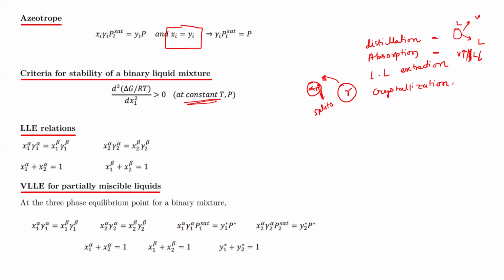If you generally have two compounds, that is what is discussed here. For the first phase, alpha phase, X1 alpha, 1 and 2 are the species. Alpha and beta are the phases.